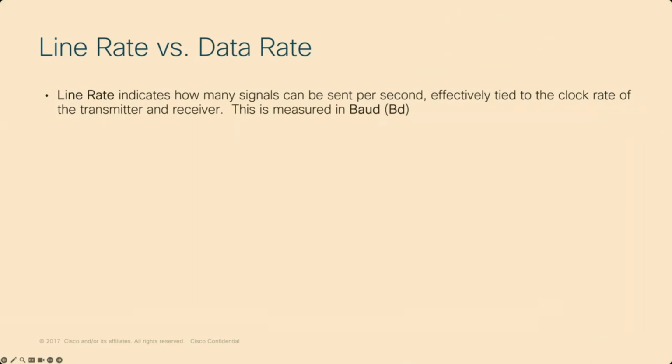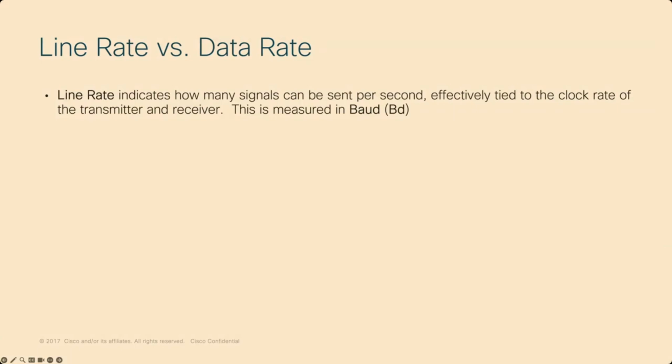So there's a difference in terminology. We are very used to thinking in terms of gigabits per second, megabits per second, etc. And that's typically been the most common way of thinking about it. And the reason why is our line rate has always tended to match our data rate, at least in the data center.